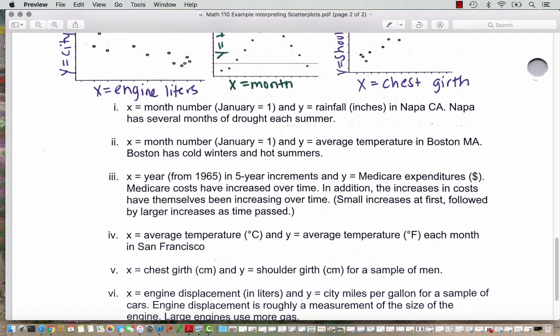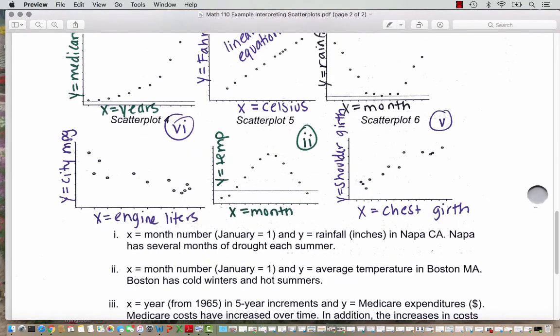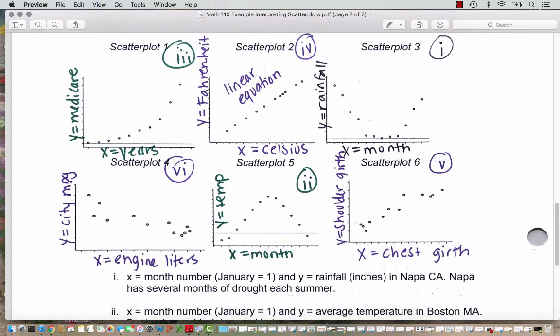X is the month number, which is January, corresponding with 1, and Y is the rainfall in inches in Napa, California. And then we're told that Napa has several months of drought each summer. So we are looking for something with low rainfall or no rainfall in the summer months. So scatterplot 3 is the best fit for that.